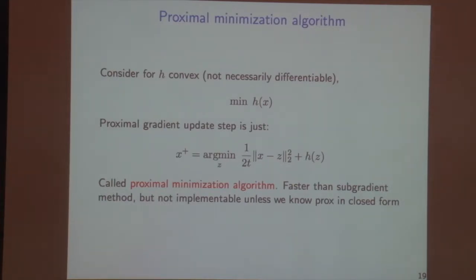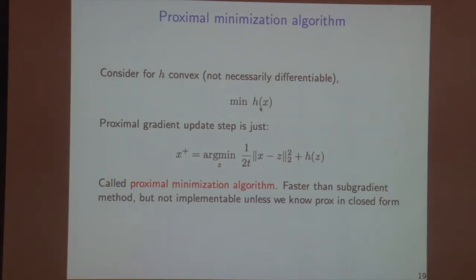The other special case is called the proximal minimization algorithm. This is not really one that people study that much anymore. This used to be more popular, I think, in some of the more classic literature of optimization. But it's an algorithm for minimizing, again, a convex but not necessarily differentiable function. This is the special case when we take g equals 0.